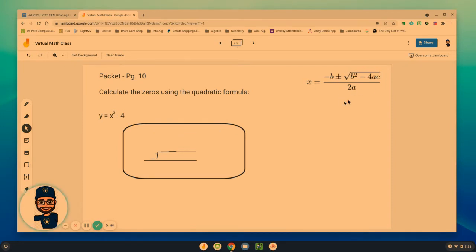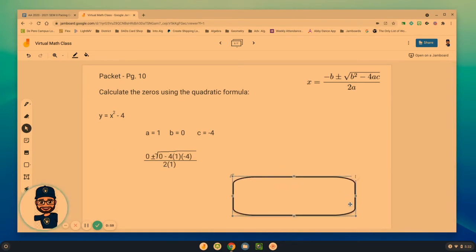If we're going to use this quadratic formula, we do need to know that a is the value of 1, b is the value of 0, and c would be the value of negative 4. Identifying those so that we can plug them in gives us 0 plus or minus the square root of 0 minus 4 times a times c.